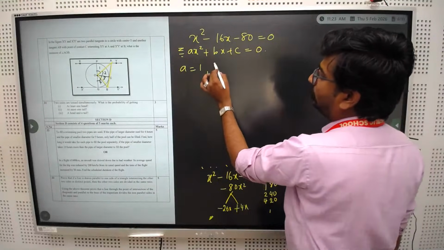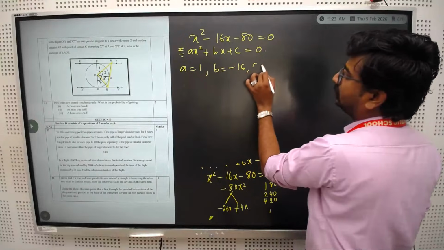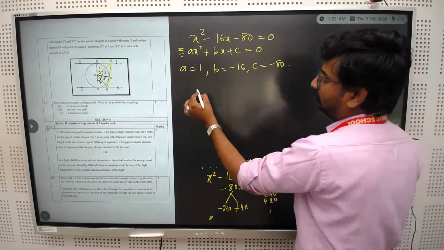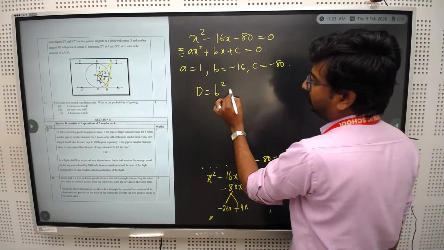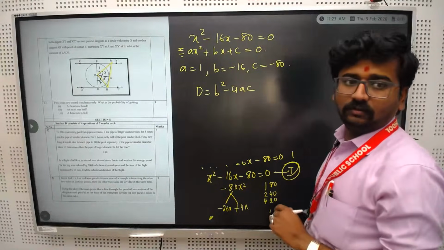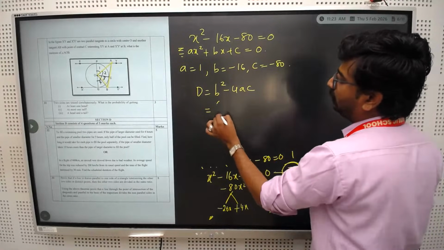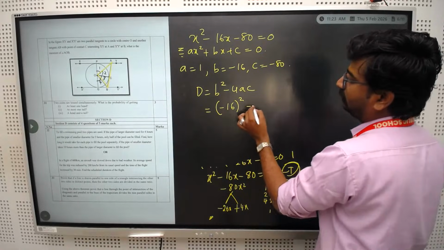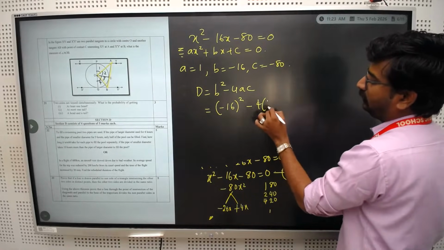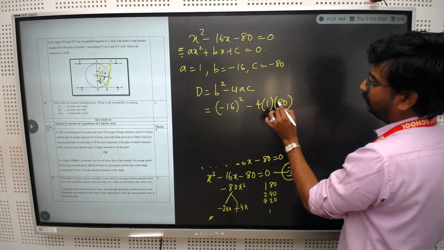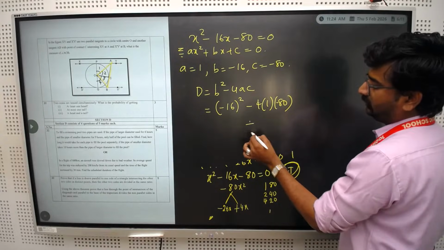What is the value of a? 1. b is minus 16. c. What is the discriminant formula? D equal to b square minus 4ac. What is the b value? Minus 16 whole square minus 4 into 1 into 80. Sorry, minus 80. Minus into minus is plus.